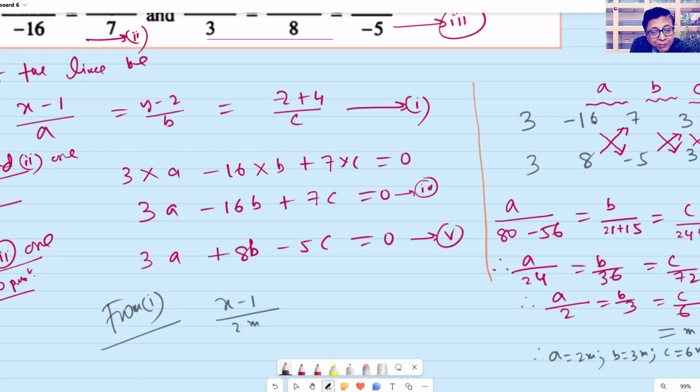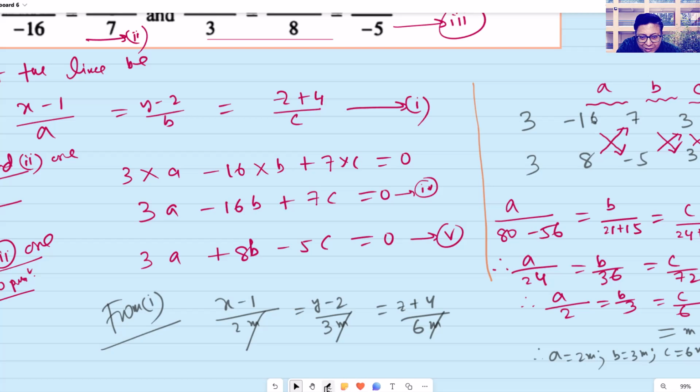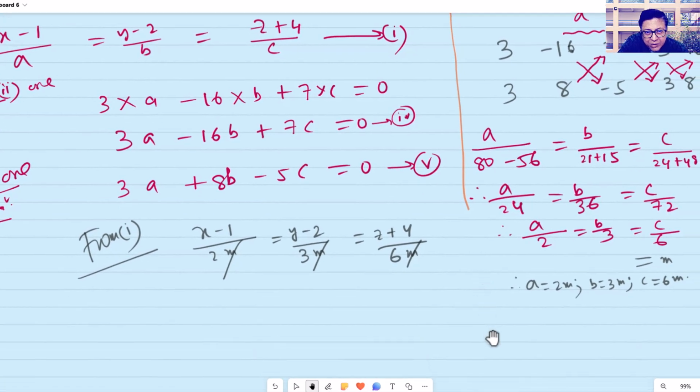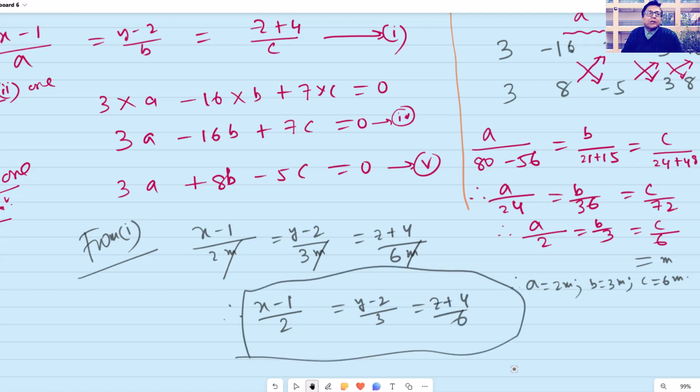(X minus 1) by 2M, (Y minus 2) by 3M, (Z plus 4) by 6M, you cancel M. This is the beauty of mathematics. Okay? This is invented by human beings as the best subject of study, that you must believe. (X minus 1) by 2, (Y minus 2) by 3, (Z plus 4) by 6, this is the line which is perpendicular to the given lines.